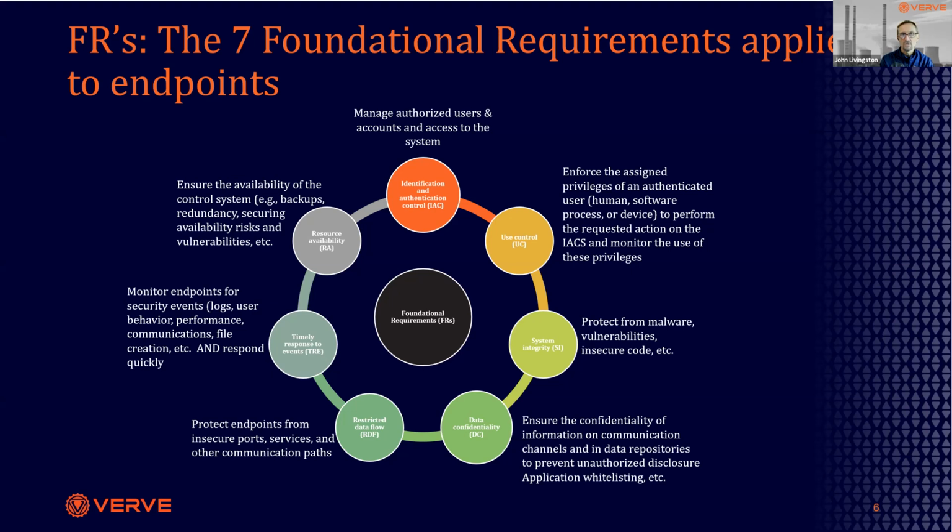And then finally, making sure we have resource availability, which could include things like backups, ensuring redundancy, and securing availability through reducing risks and vulnerabilities, et cetera. These foundational requirements are how we think about potentially achieving the security level that we want to achieve.